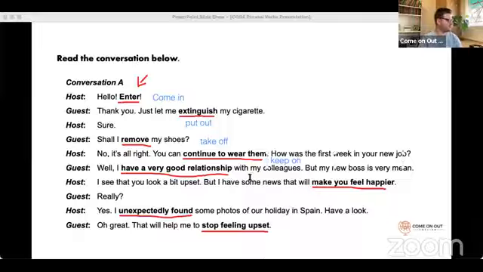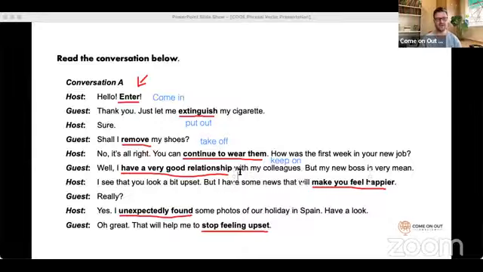All right, moving on to the next one. Have a very good relationship with. What do you think is a good phrasal verb that means to have a good relationship with someone? Can you think of any examples? And if you're watching this recording or you're live, feel free to write your answer in the chat.